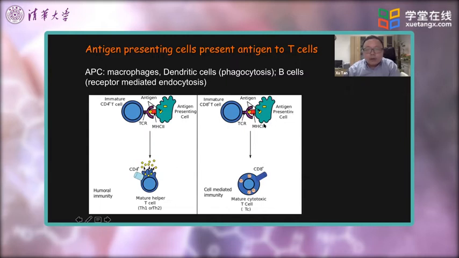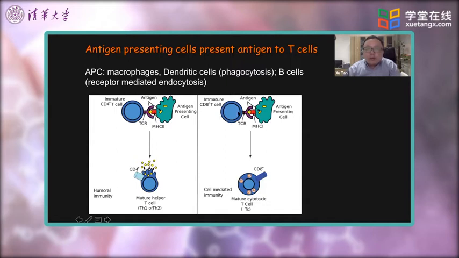If the antigen-presenting cell has an MHC class 1 molecule on its surface, which can also present peptides, this MHC class 1 presented peptide recruits the group of T cells called CD8 T cells.